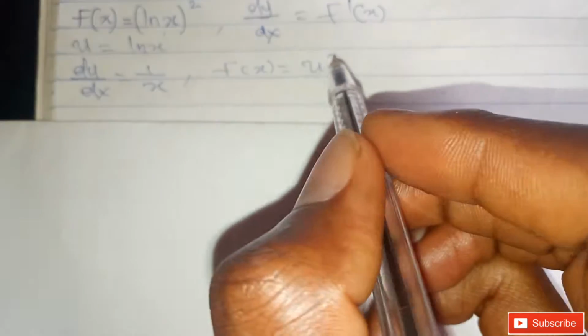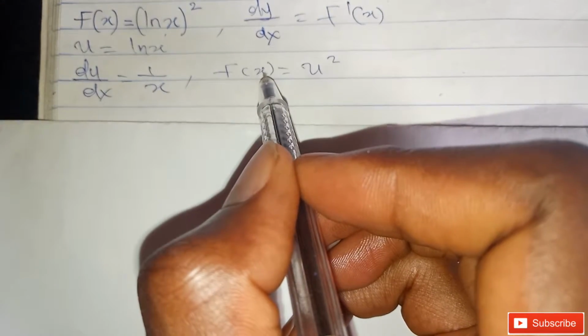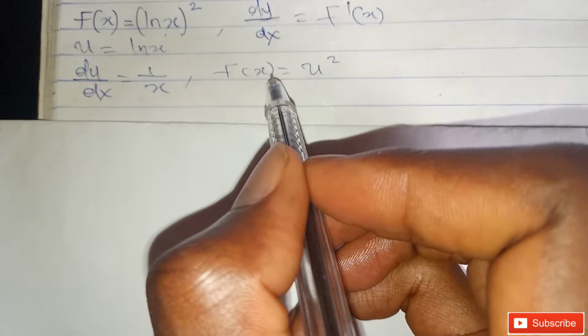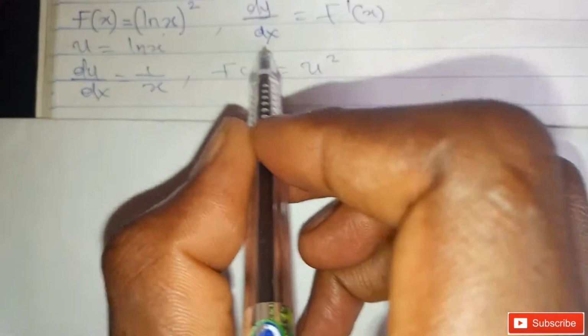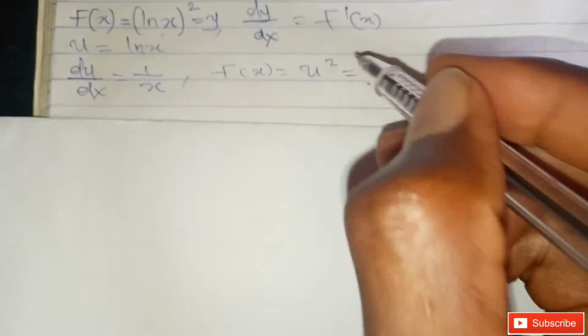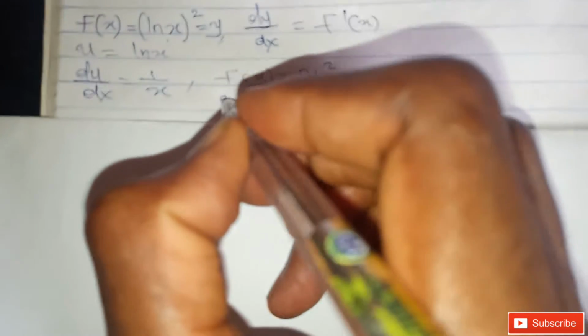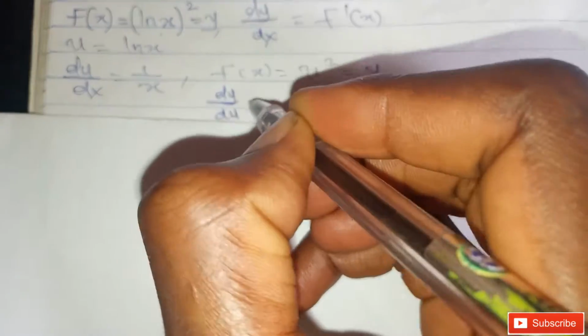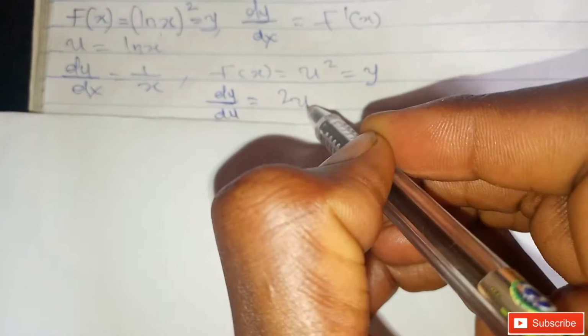But now it's going to be f of u, because now it is a function of u. So we'll now differentiate this with respect to u. If I let this equal to y, then y equals u squared. Then we differentiate that, which is dy/du. That will be 2u.